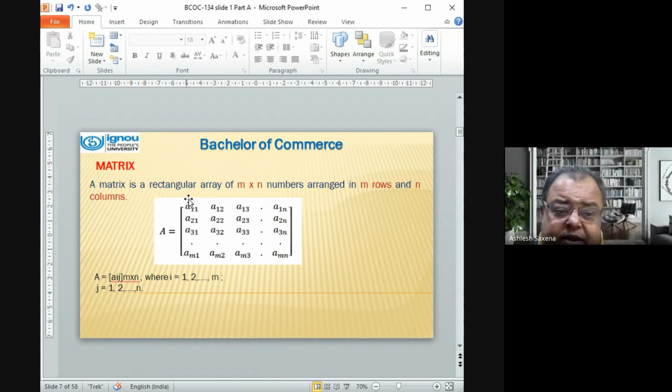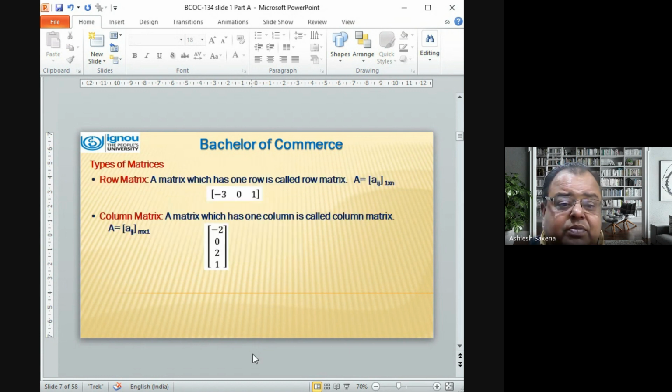This A11 represents the element of first row and first column. Always remember, the first number is for the row and the second number is for the column. Now if we take this number A23, that means second row, third column. And the general term is Amn, mth row, nth column.